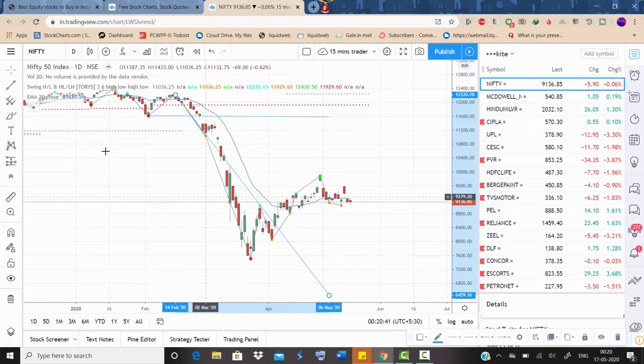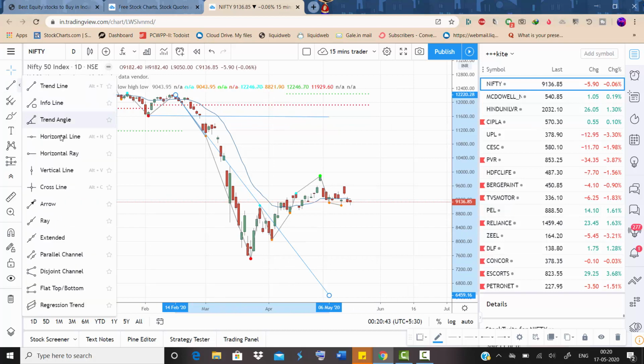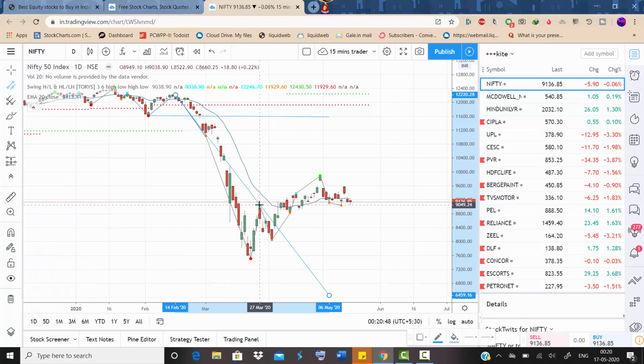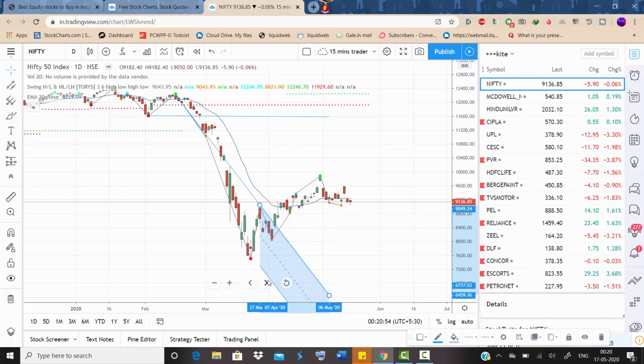And what we do is we draw a parallel channel over this line and extend it to point B.